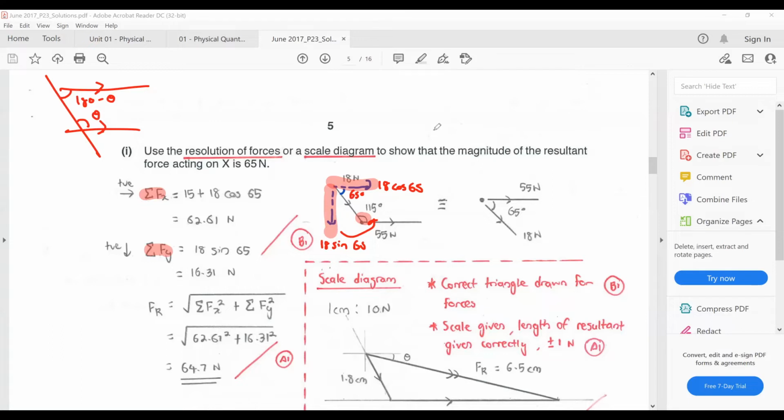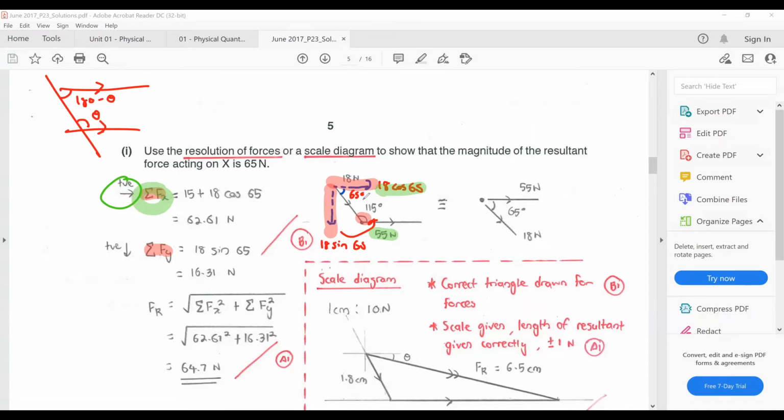So right now, if you look at this original diagram, when you're talking about horizontal components of forces, there's only two. There's 55 and 18 cos 65. And say you put your sign convention as rightwards positive, this one will just be 15 plus 18 cos 65.